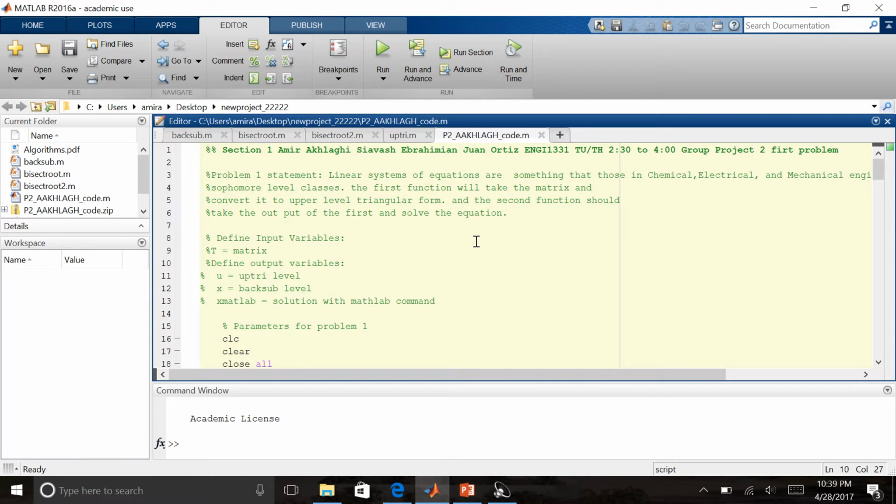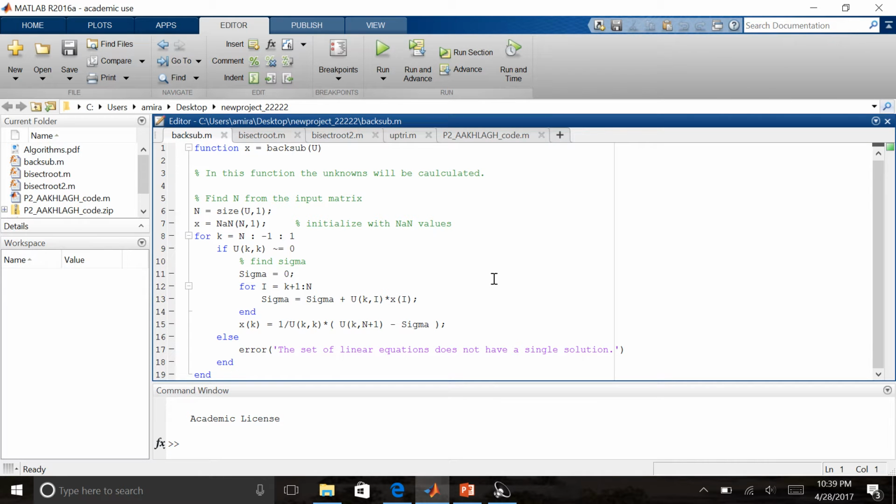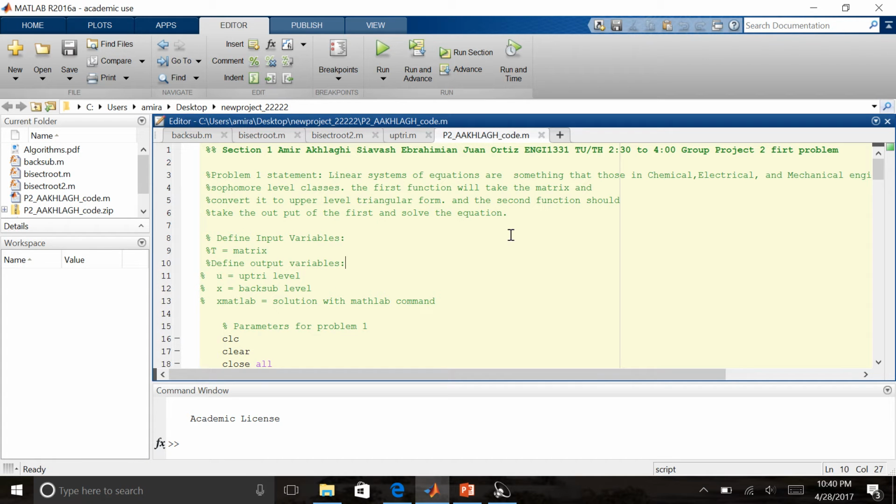Then we're also going to have one to take the output of the first and solve the equation, which is going to be our back sub. This is the function that's going to give us the solution that we want, and this is to solve the linear systems, the first problem in our group project.